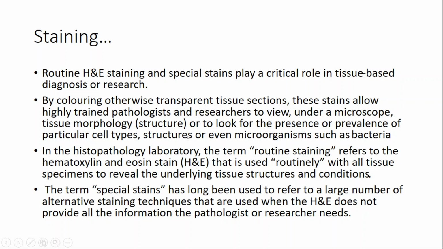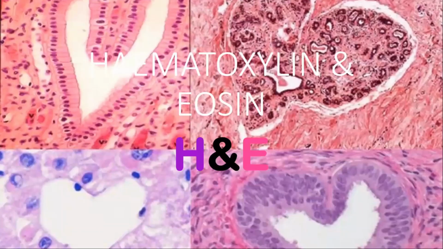The very first staining ever discovered in histopathology is the H&E, the hematoxylin and eosin. So we simplify it as H&E. Basically the colors are the blue and the pink, depending on your color perception.